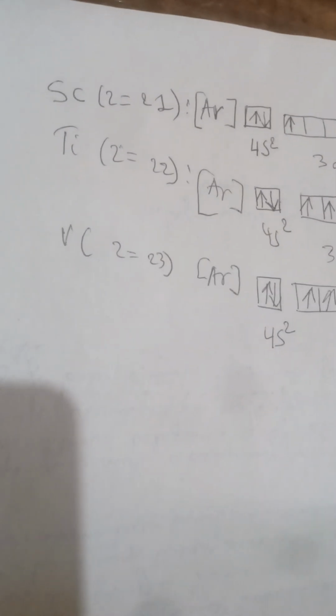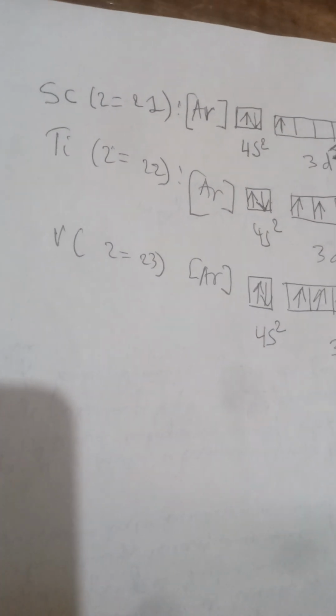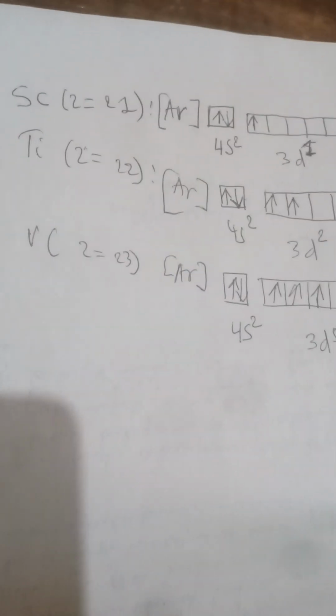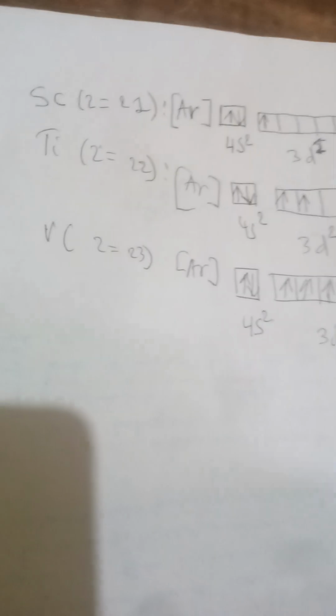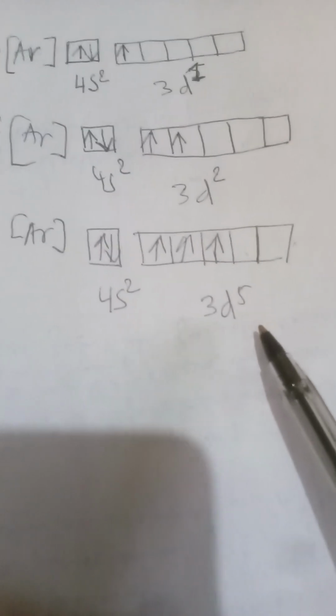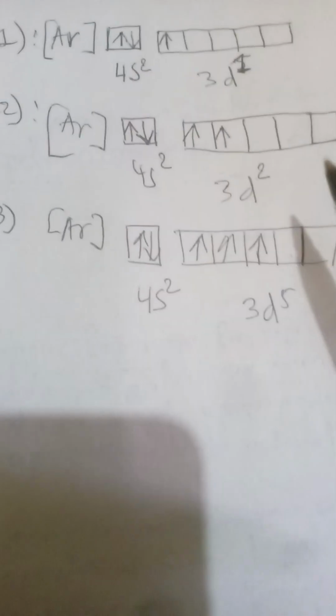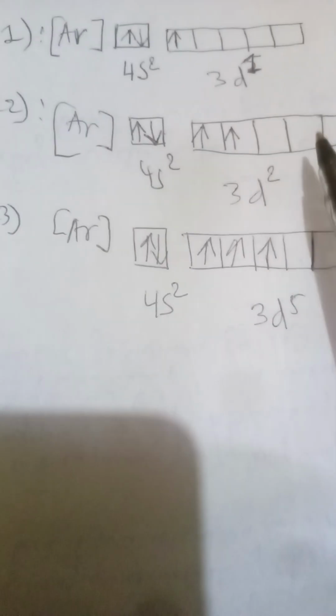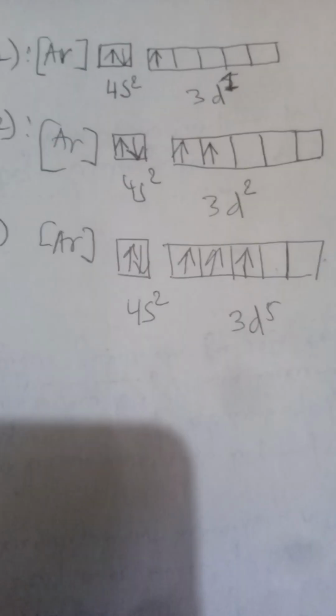This is vanadium. You find that for those elements, in the electron configuration, 3d will continue to have some vacant orbitals.